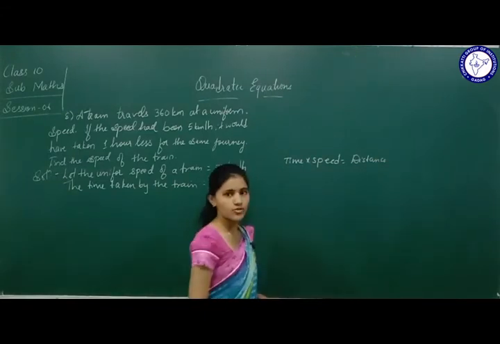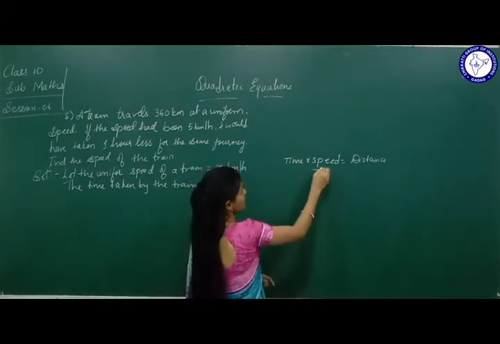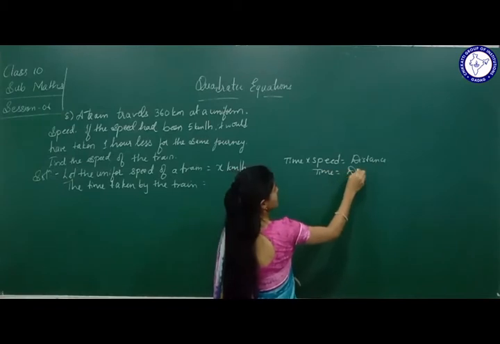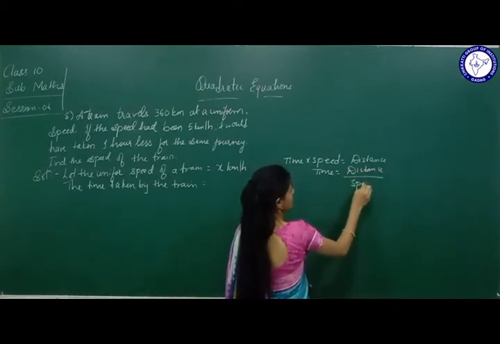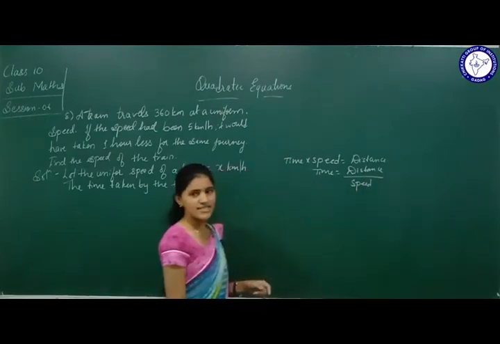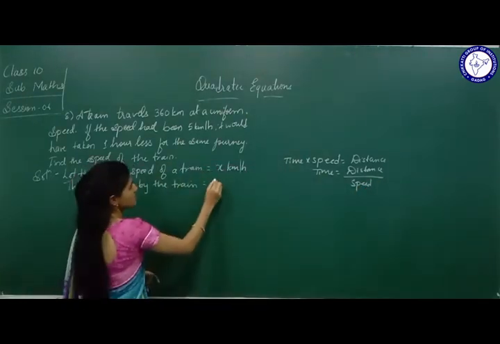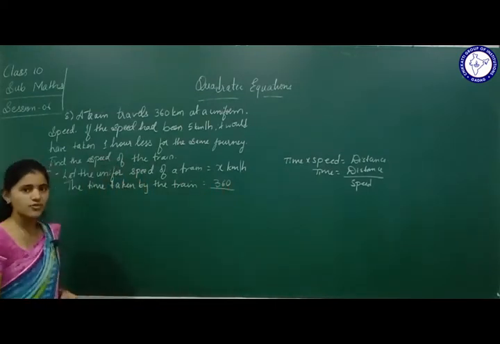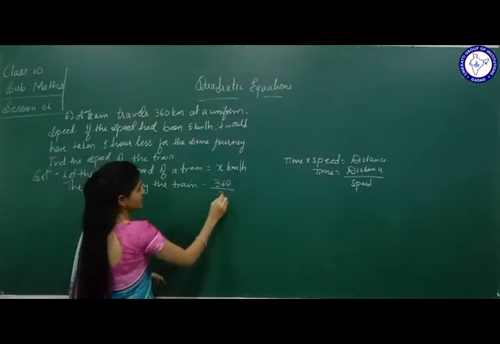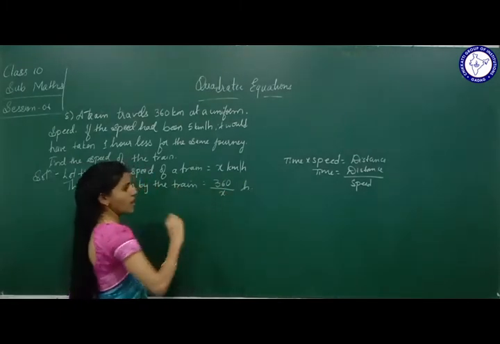Since we want to calculate time, we write that as distance divided by speed, right? The distance is 360 kilometers, and the uniform speed is x, so 360 by x hours.